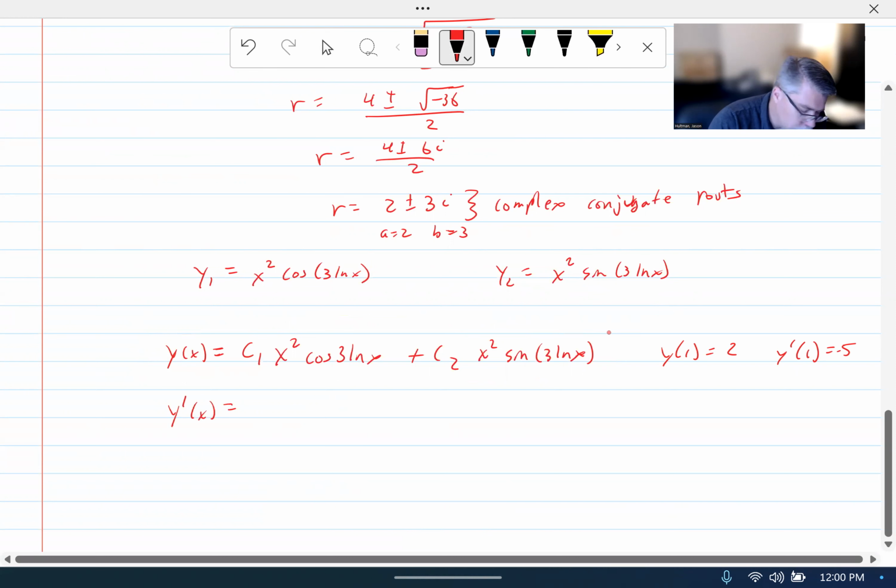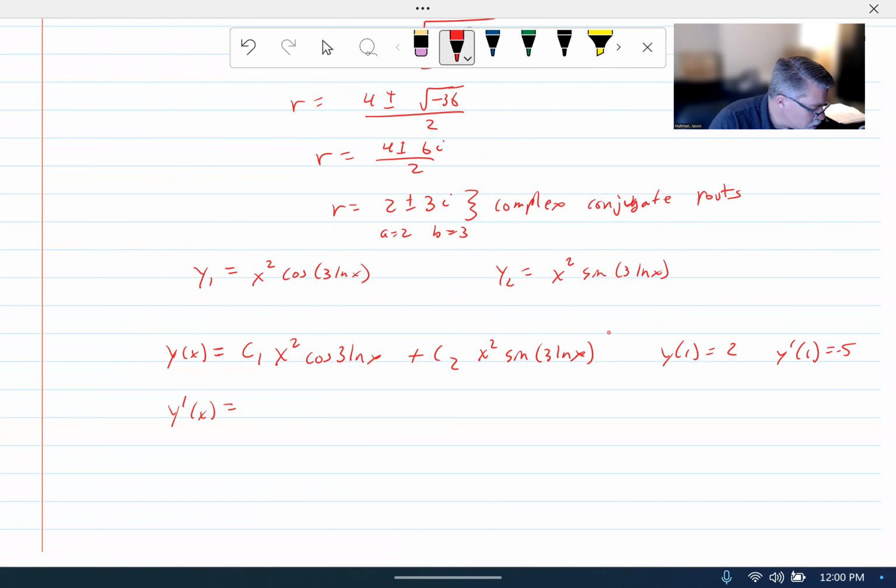So that's going to be product rule. This is going to be equal to c1, derivative of the first, that's 2 c1 x times cosine of 3 natural log x, plus c1 x squared times the derivative of cosine, which is negative sine.